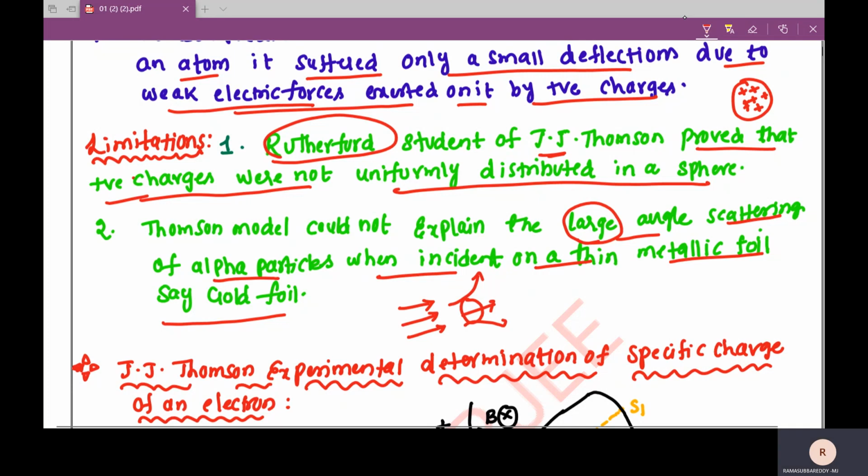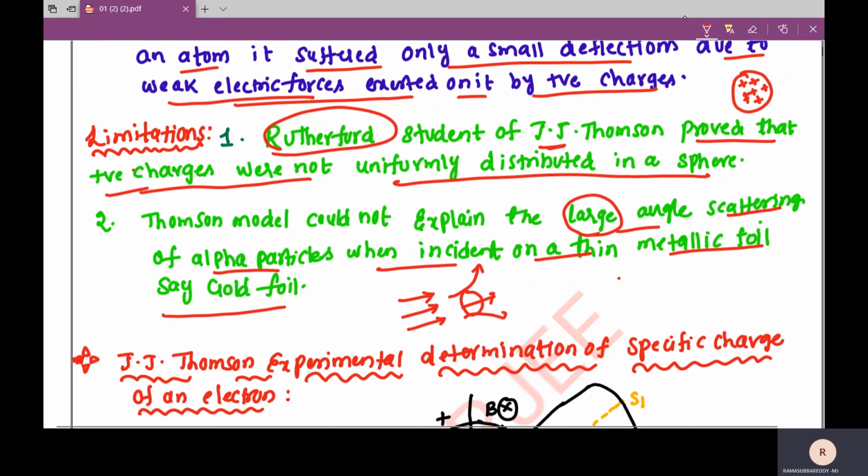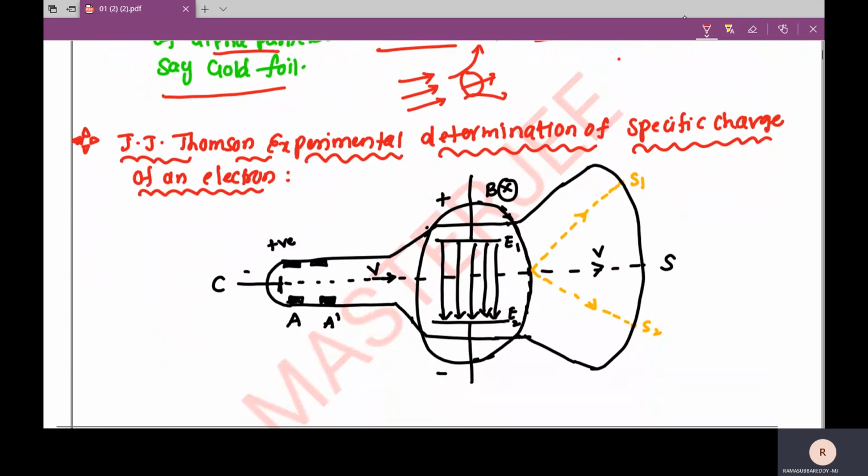Specific charge. For that, we'll look at the experimental setup, the experimental determination of the specific charge of an electron, that is e/m. So here we will see the cathode. C is the cathode.